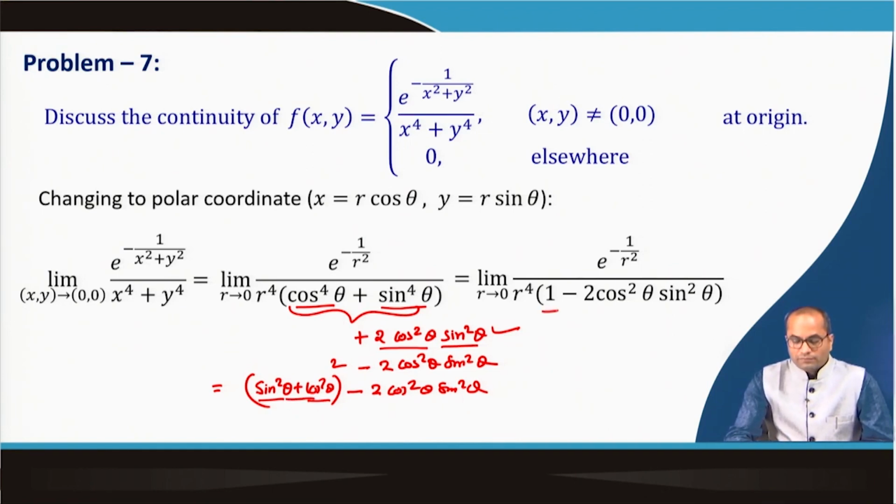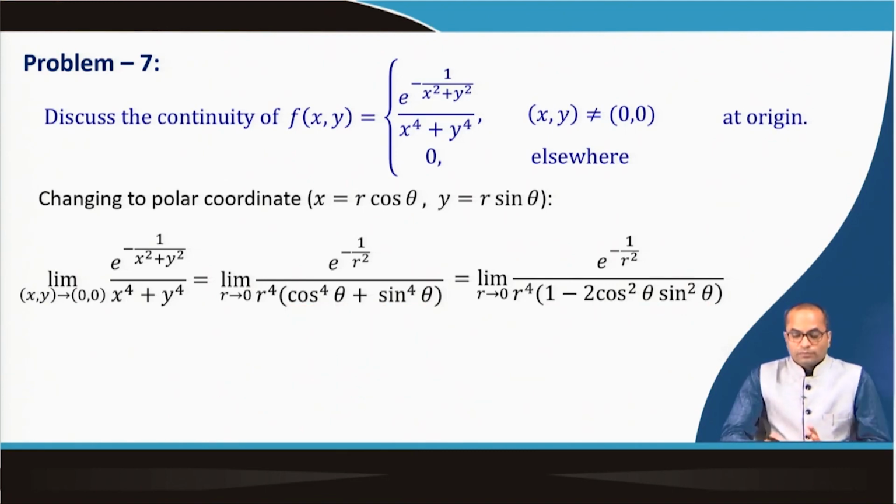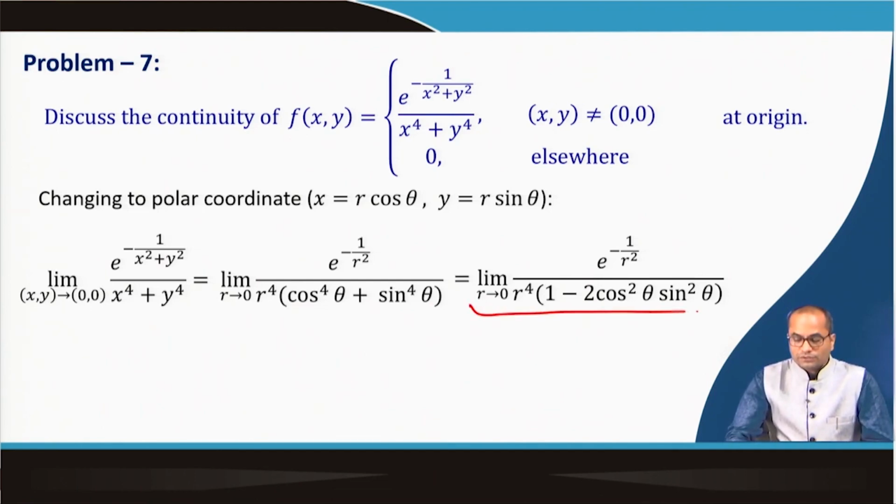So, we get 1 minus 2 cos² θ sin² θ in the denominator.